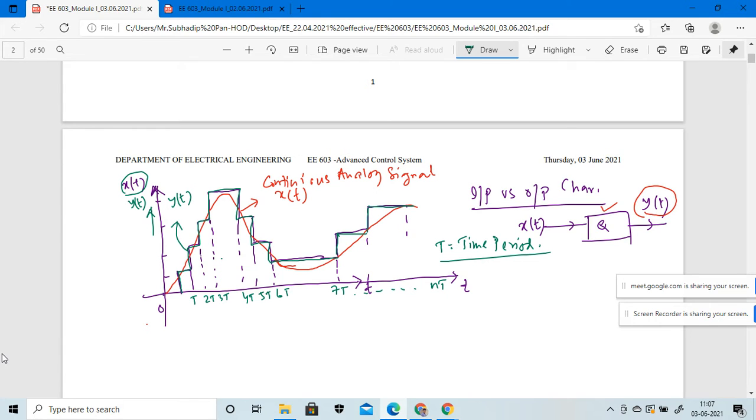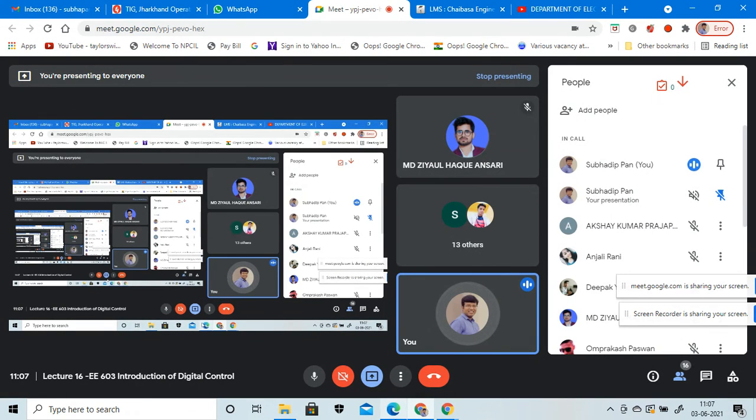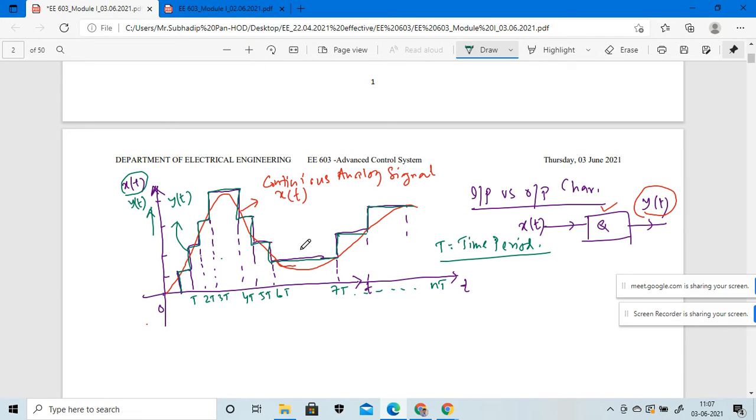In the previous lecture we told you that suppose we have a very small value of q, the quantization level.